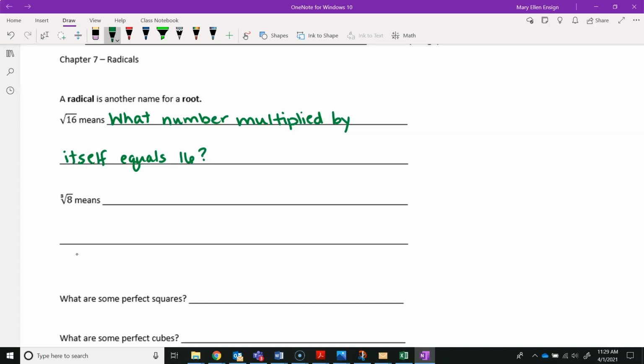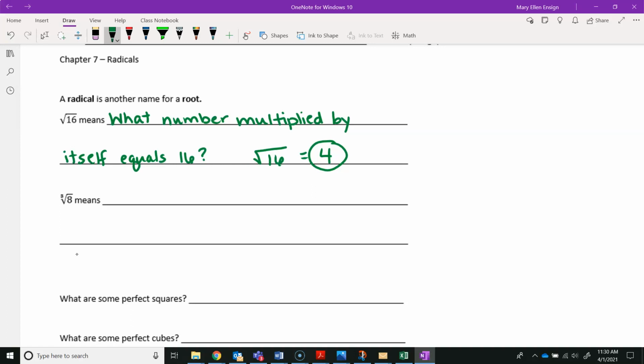Okay, what number multiplied by itself equals 16? That's what it's asking. So in that case, it would be 4, right? So the square root of 16 equals 4, just 4, no more square root sign, because I've answered that question, right? If that square root sign has that question with it, then I don't need that question anymore because now I just have 4.